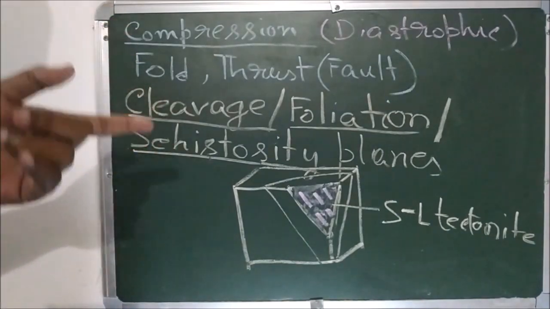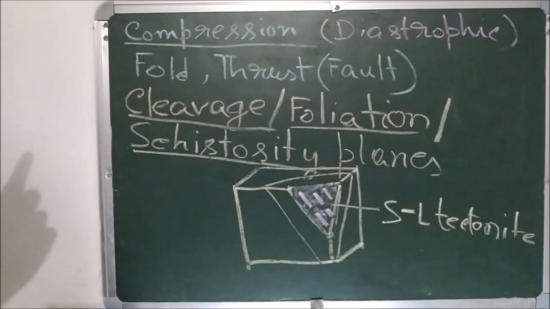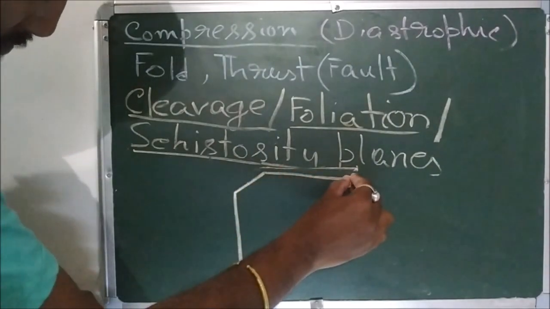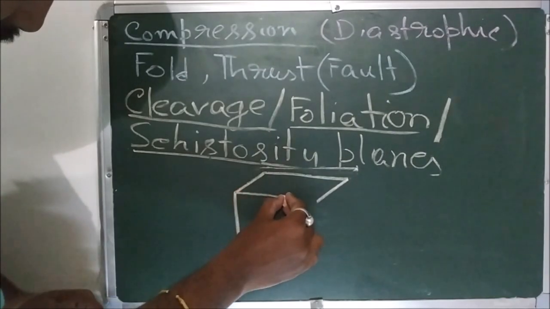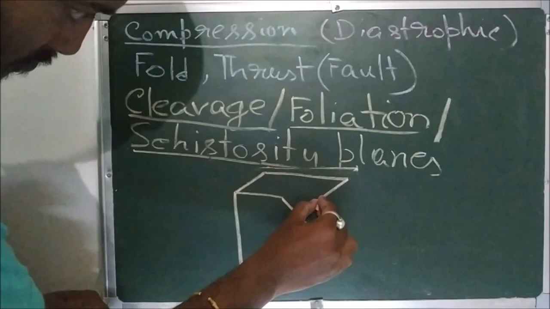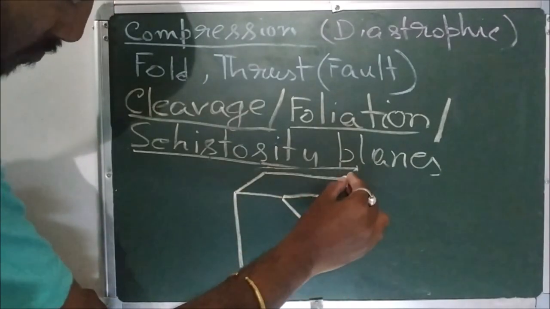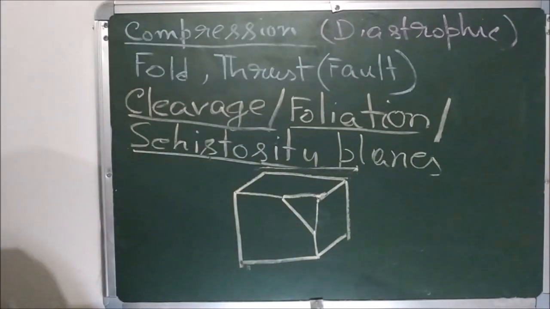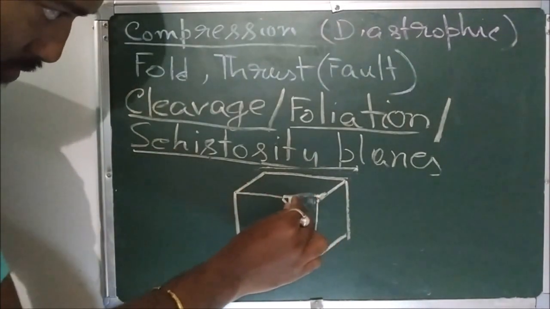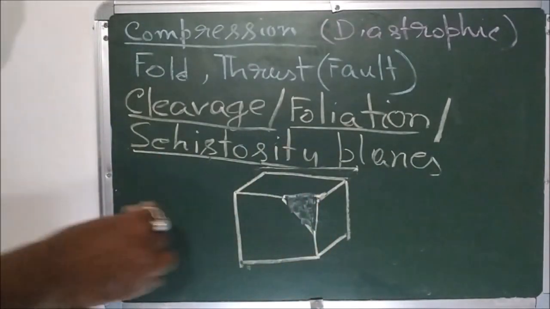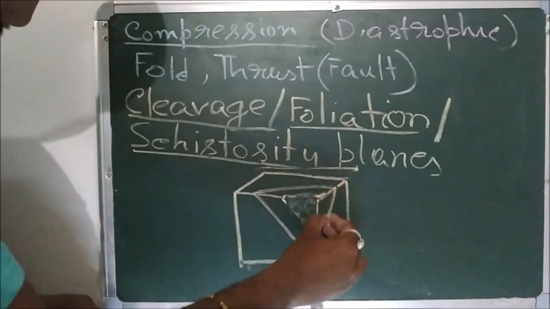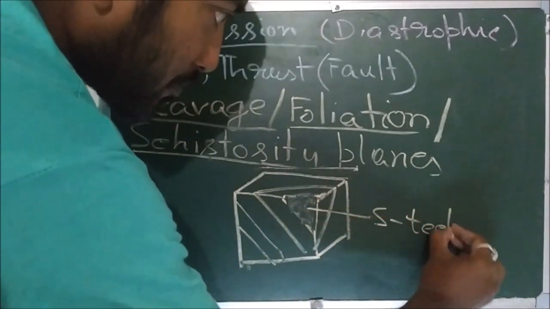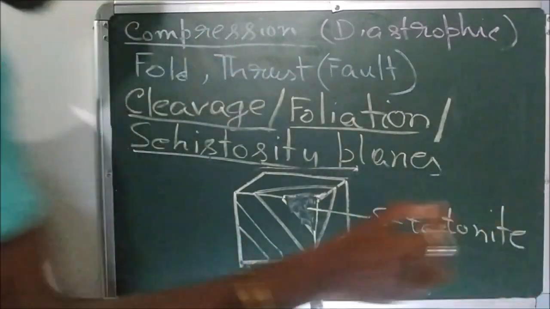Only lineation, that is L-tectonite. Both foliation and lineation are SL tectonite, and if any rock has only such foliation planes without any lineation, then it will be named S-tectonite.